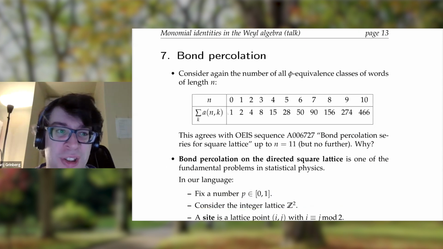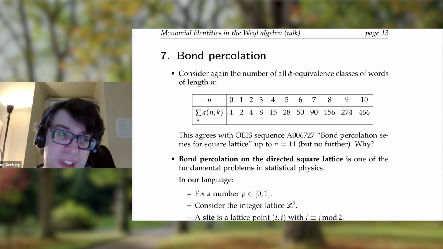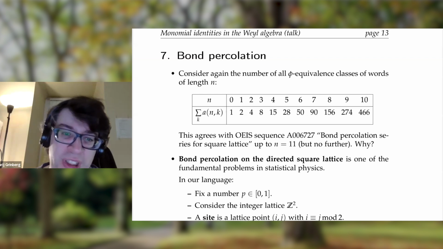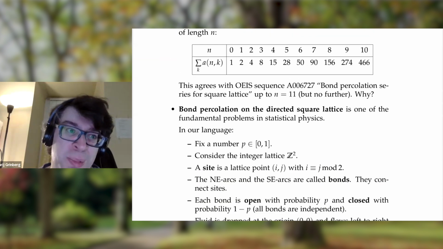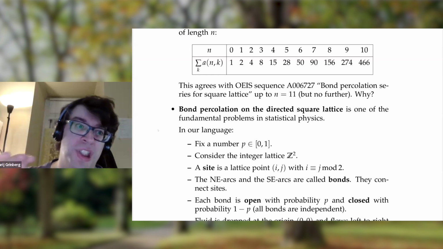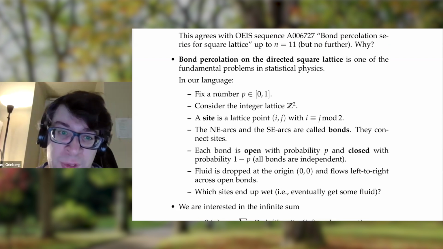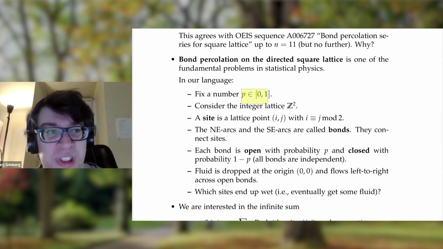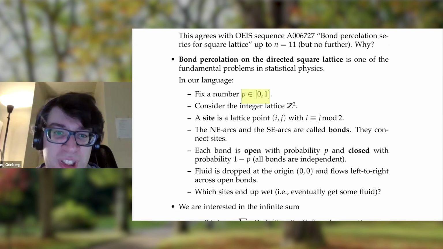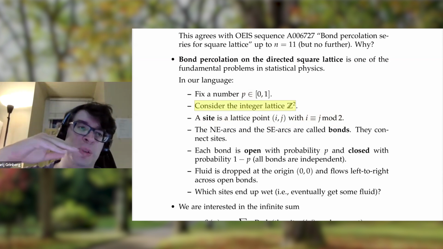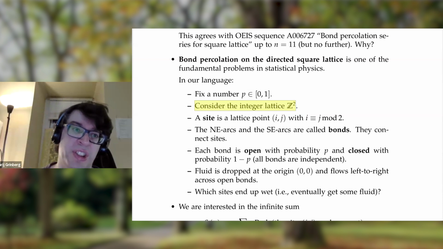There is a strange connection to something known in statistical physics as bond percolation. In a nutshell, bond percolation is a probabilistic model for percolation on a square grid. So you fix a number p, which will be the probability for something. You look at the integer lattice, but again, the steps you consider are northeast and southeast.